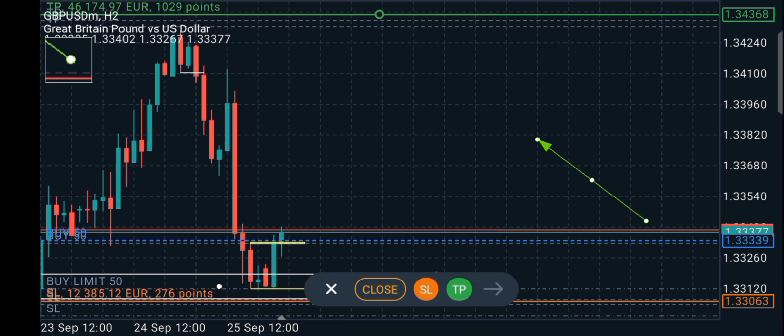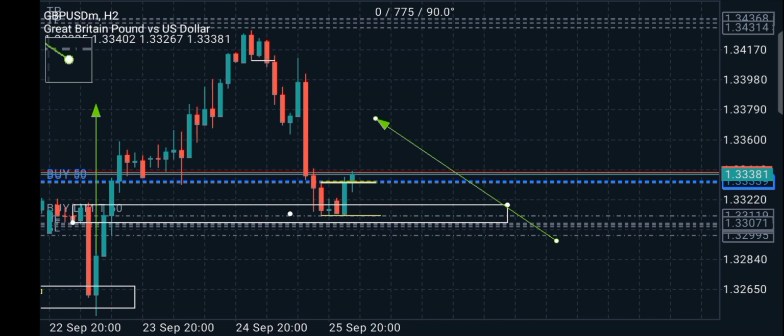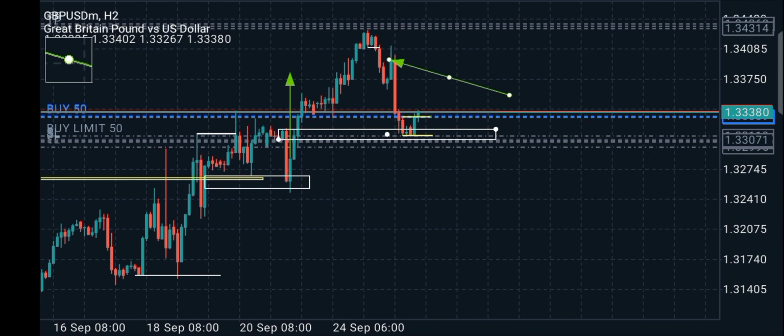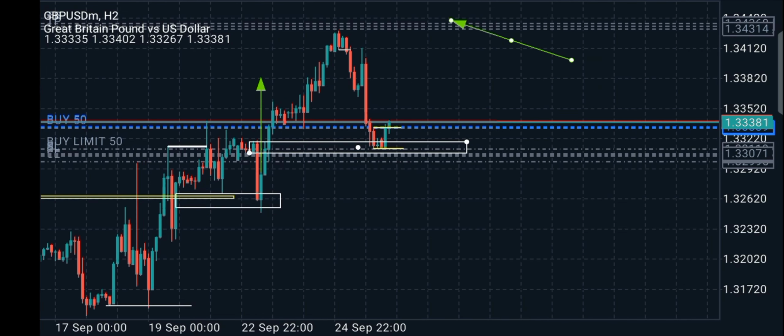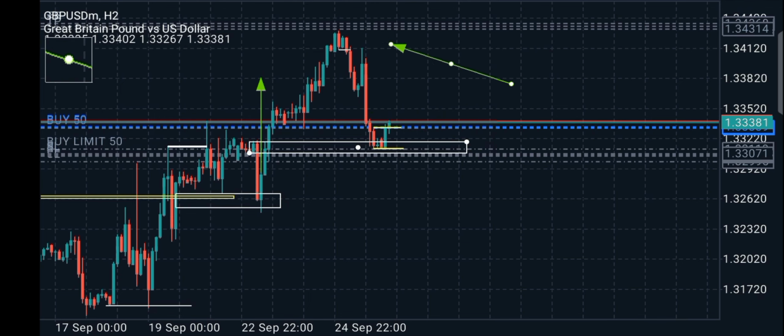Our target is this old high here, which I think was formed yesterday, yesterday's high. We are even expecting price to create higher structures from here also. So this is our target for the first trade. Then for the second trade, we should be expecting price to cover this range here. I just believe we'll get to TP.